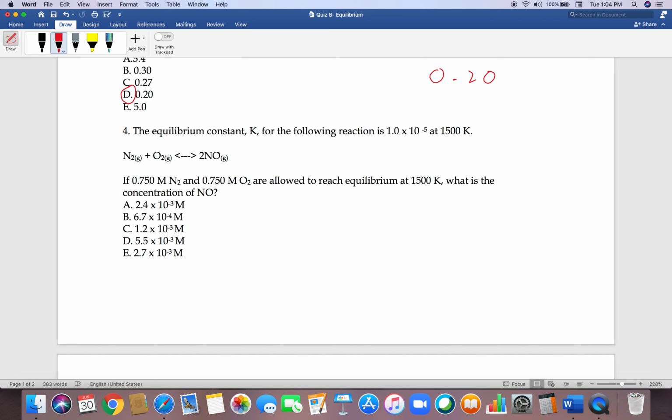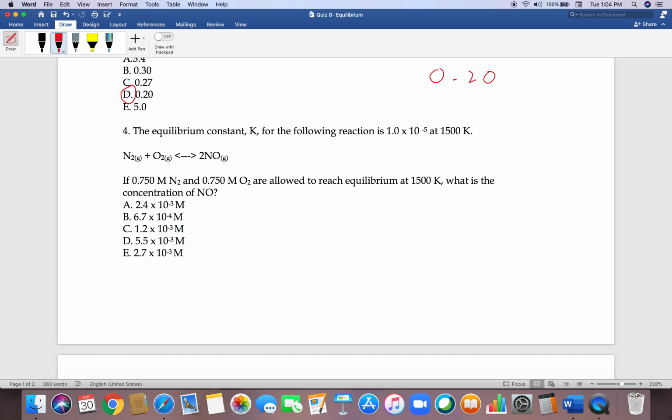If 0.75 molar nitrogen gas and 0.75 molar oxygen gas are allowed to reach equilibrium at 1500 K, what's the concentration of NO, meaning the equilibrium concentration? So all we're going to do is write our K expression, and we're going to manipulate that algebraically to solve for the concentration of NO.